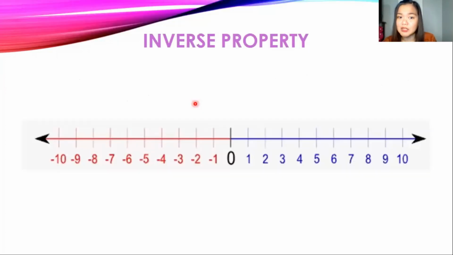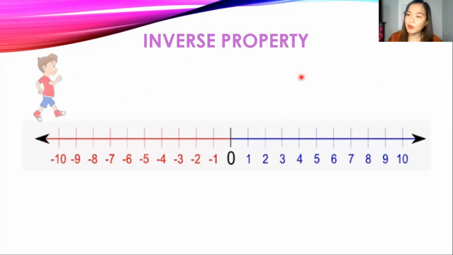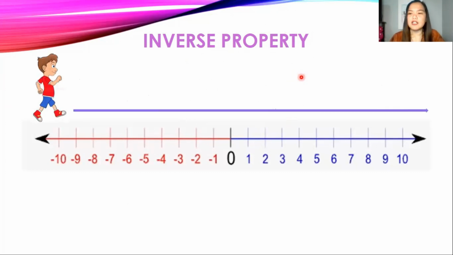Now, let's proceed to the inverse property. The inverse property, for example, if you have this number line. A boy starting from negative 9 is walking through this direction, paright.